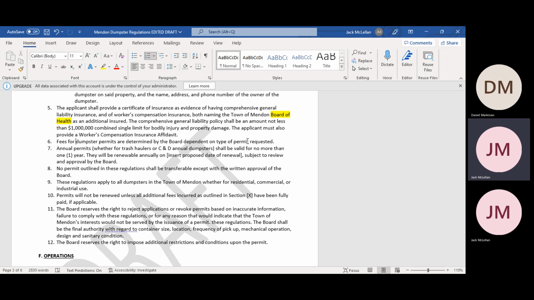And they pay an annual permit. The trash haulers do, not the resident. No, right, we pay for our trash independently. It's another story, not about dumpsters. This is dumpsters.